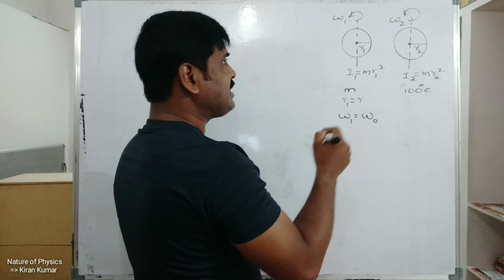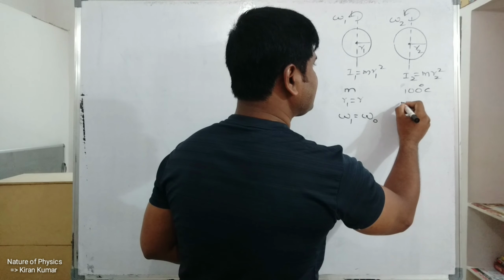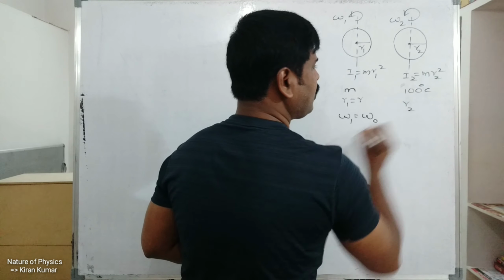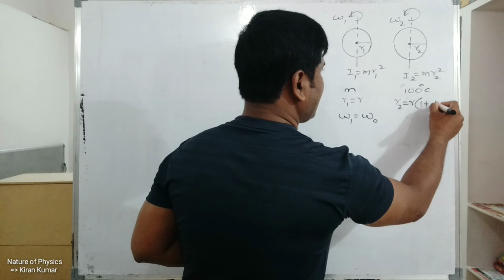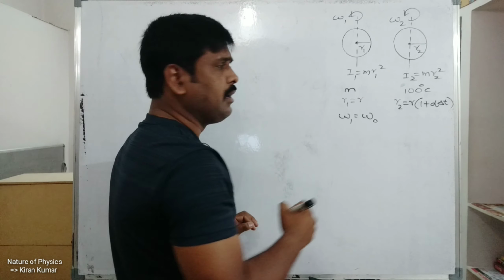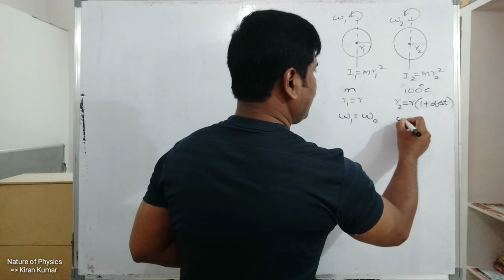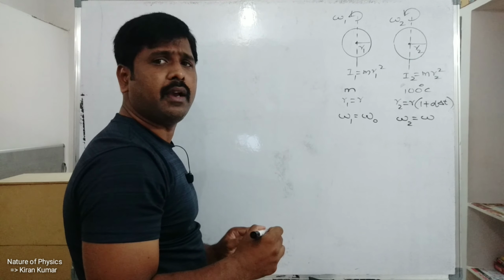The size of the sphere increases, nothing but radius increases from r1 to r2, which is equal to r of 1 plus alpha into delta t. See here, angular velocity omega 2 is taken as omega.